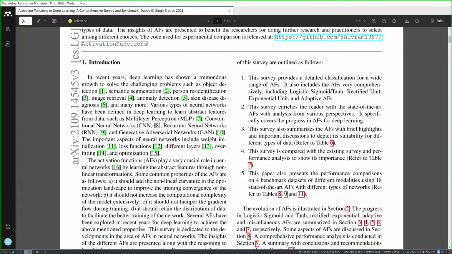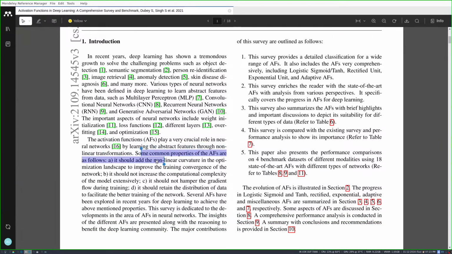The activation function plays a crucial role. It should add non-linearity. It should not increase computational complexity extensively. It should not hamper the gradient flow during training. It should retain the distribution of data to facilitate better training.